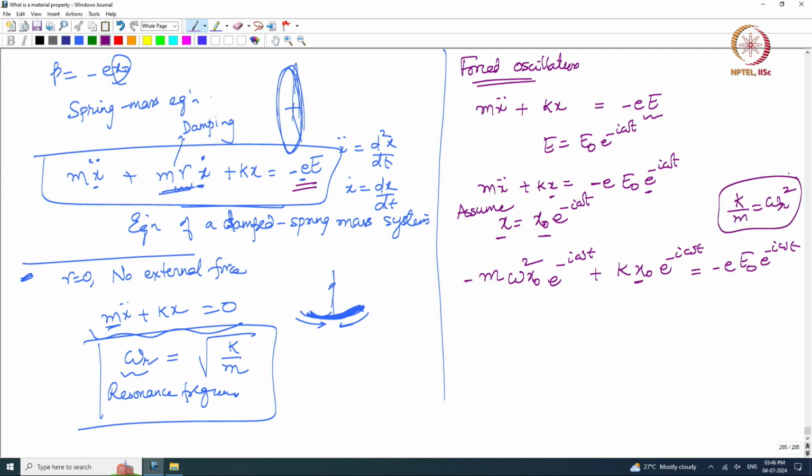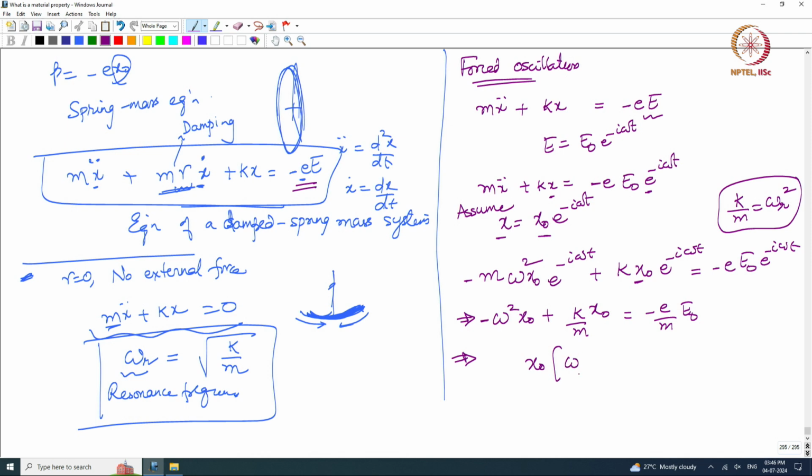So, I am going to use that fact here. I am going to divide this entire equation by m. So, what I have is minus omega square x naught plus k x naught by m equal to minus e by m E naught, right. So, all the e power minus i omega t's go away, and that implies I have an omega r square minus omega square, sorry, there is a minus here, right.